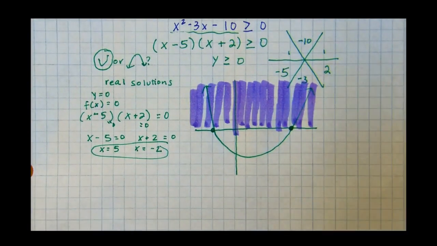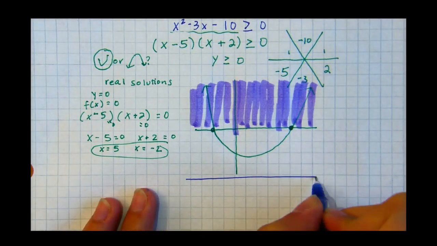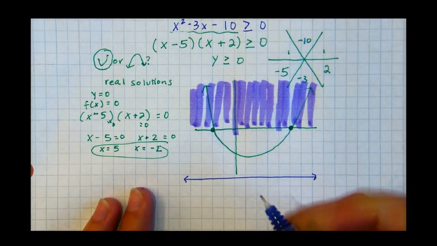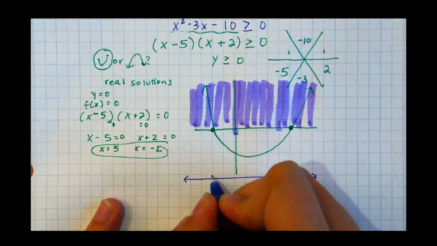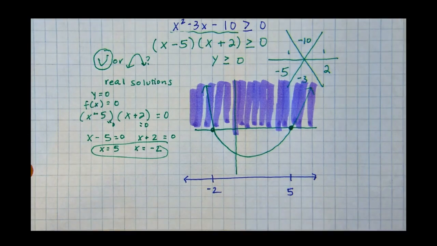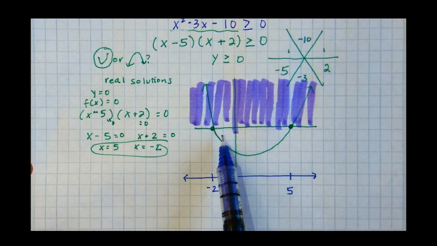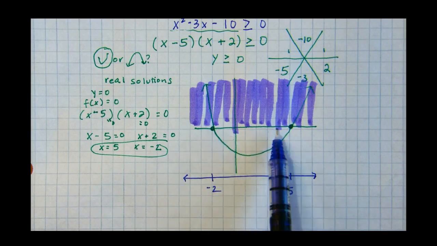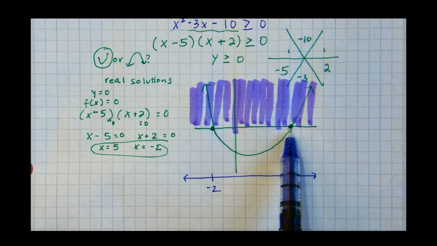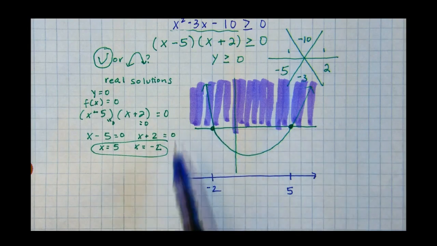Down below my graph, I'm going to draw my number line. And I've got my two critical values on it, so negative 2 and a positive 5. Are my solutions in between negative 2 and 5? Or are they outside of 5 and negative 2?